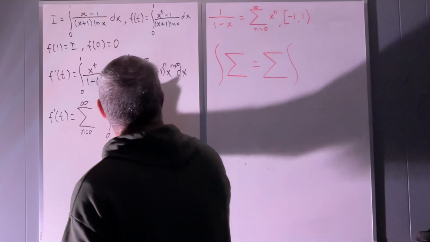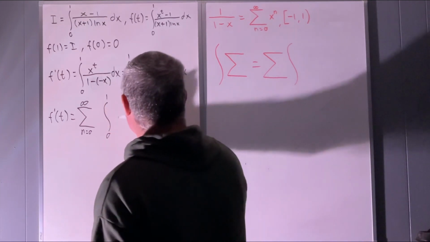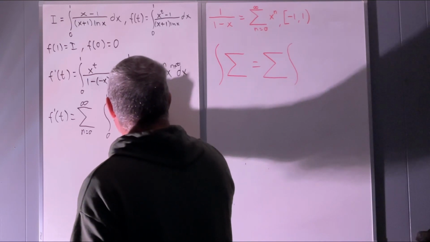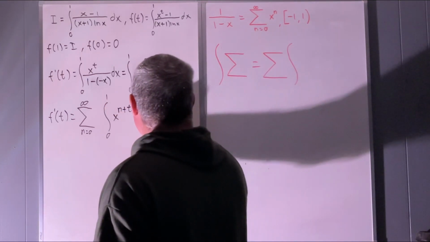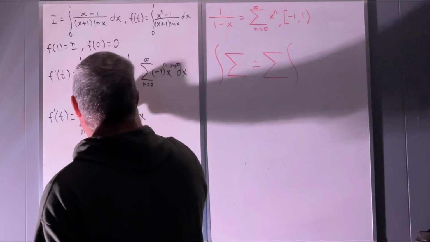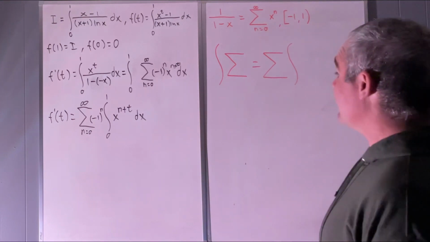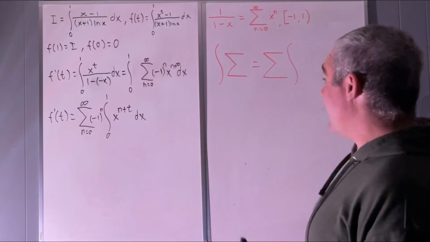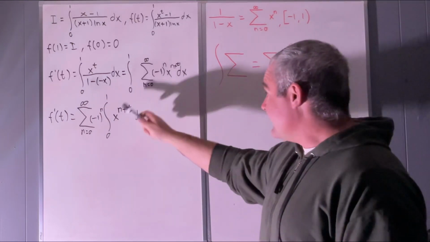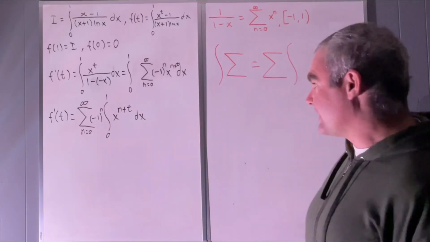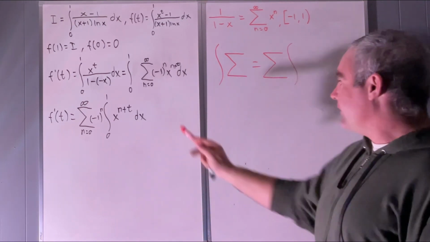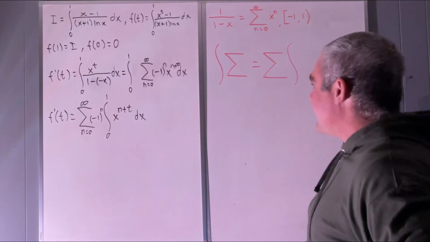So this would be the sum, the integral from 0 to 1 of x to the n plus t dx, with this negative 1 to the n on the outside of the integral. I hope this makes sense to you. I brought that negative 1 to the n outside the integral because it's not dependent on x, so it's a constant with respect to x, so you can bring it right outside. All these terms do depend on x, so they have to remain inside.